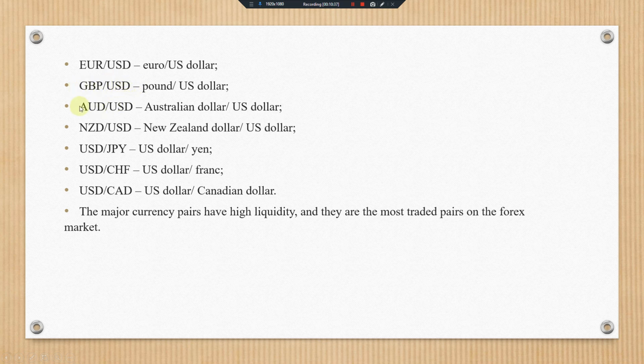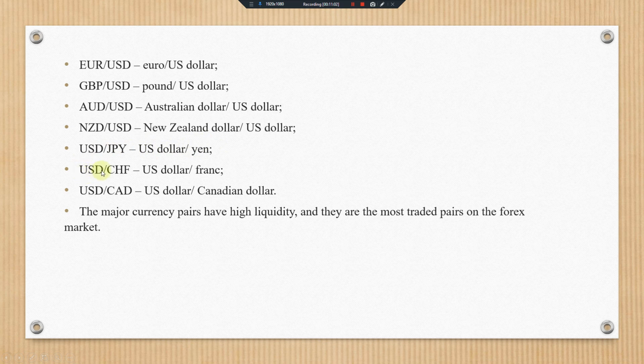And then we have the AUD USD, which is the Australian dollar paired with the US dollar, and you just pronounce it as AUD USD. Then we have the NZD paired with the USD, which is the New Zealand dollar paired with the United States dollar. Then we have the USD JPY, which is the US dollar paired with the Japanese yen.